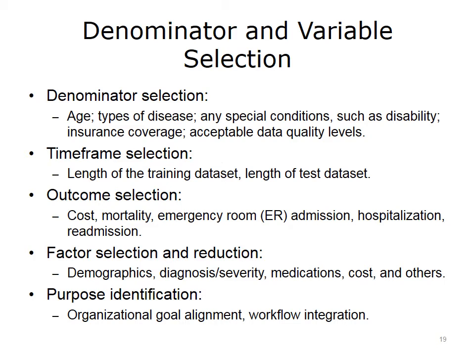Often, predictive model development is misaligned with the operational needs and goals of population health management programs. The alignment of population health models with organizational goals and integration with existing workflows is critical to the success of any population health management program. Some examples of these challenges are presented in the next slides.